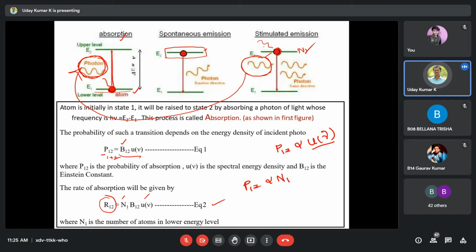That means this atom now has two photons, because after receiving some energy it moved to the higher energy level, and now you are giving the same amount of photon energy again, an identical photon. So how many photons does this atom have now? Two, right? Isn't it? One was received at the higher energy level, and the other was received at the lower energy level. Correct?